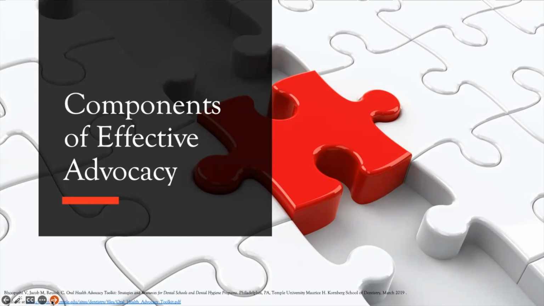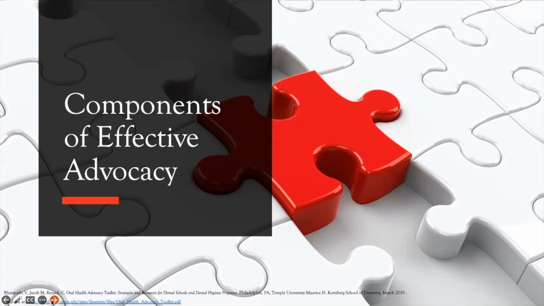Not all of these 9 components that I'm going to talk about need to be followed. Depending on the resources you have, the time you have, the cause you're trying to advocate for, and the situation you're in, the components of effective advocacy can change.